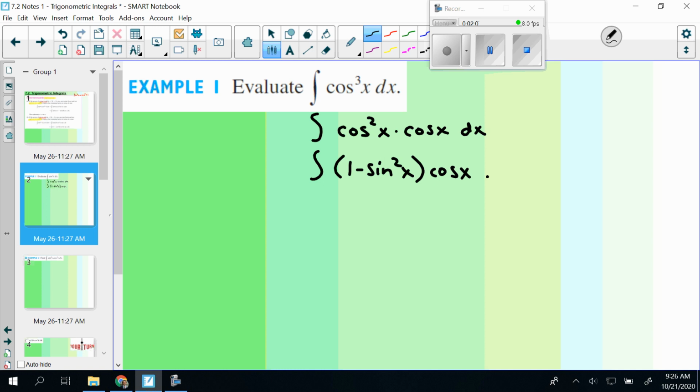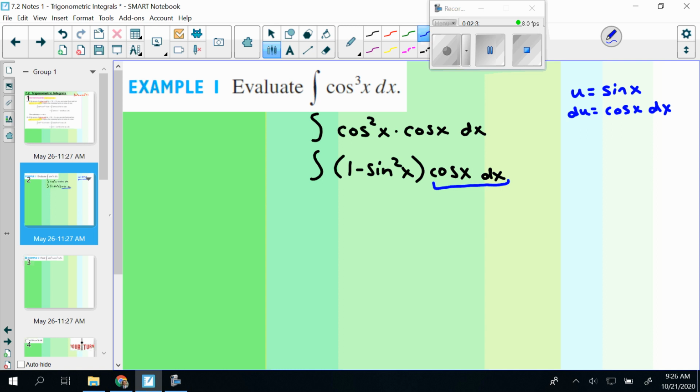Now this maybe doesn't look like it made it easier, but it does, because what we're going to do now is a substitution. We're going to substitute u for sine, because when we take the derivative, we get cosine, and that's going to knock out that one cosine factor that we left.